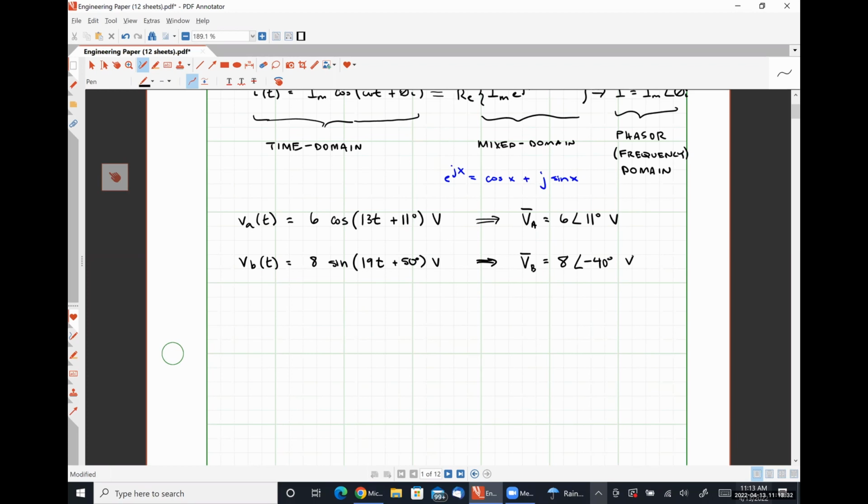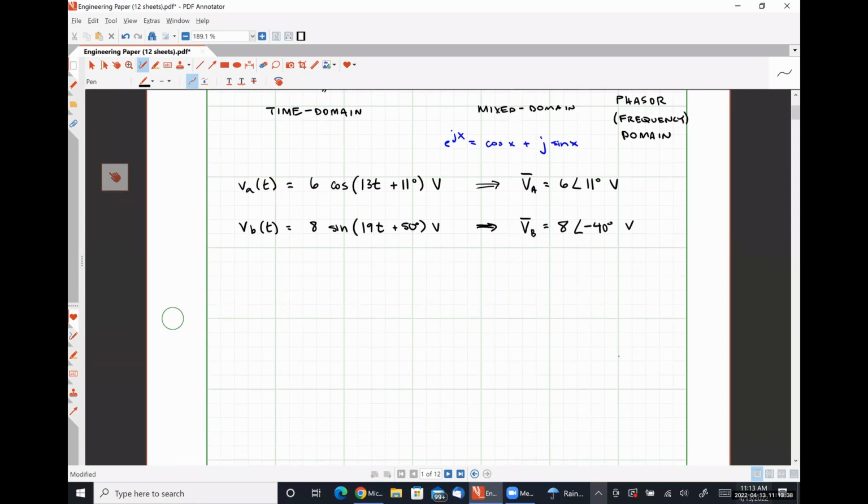All right, one last example here. What if I gave you EC of t were 4 cosine(3 pi t plus 18 degrees) minus 2 sine(3 pi t minus 60 degrees).